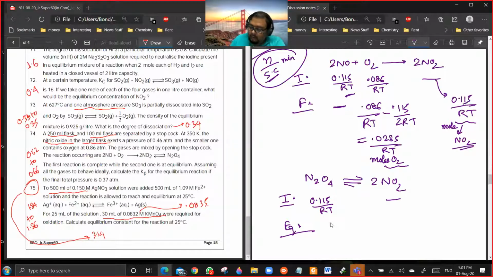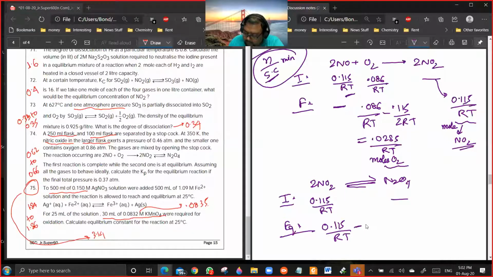Okay, yeah, sorry. Yeah, it is 2NO2 giving N2O4. Yeah, you are absolutely correct. So this is 0. So 0.115 by RT minus 2P and P.